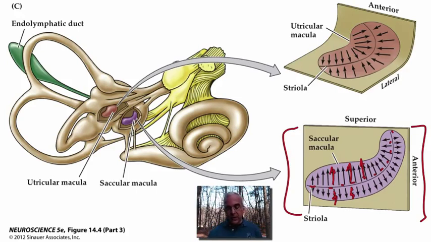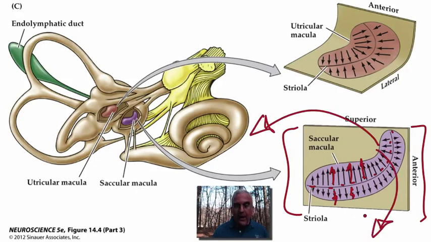So this means that if we're going to deflect these hair cells along their axis for depolarization or hyperpolarization, then this saccular macula would need to be rotated essentially along the y-axis, which means the saccular membrane is going to be sensitive to deflection that would either pitch the head in a forward tilt or in a backward tilt.